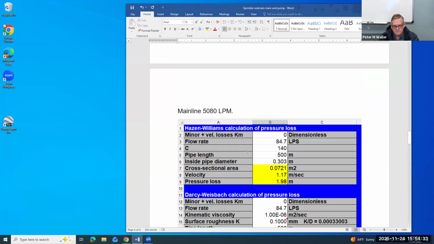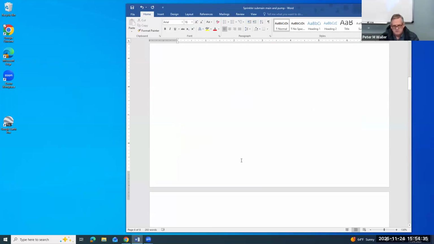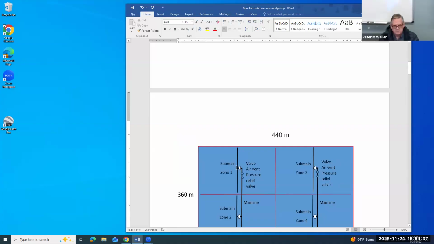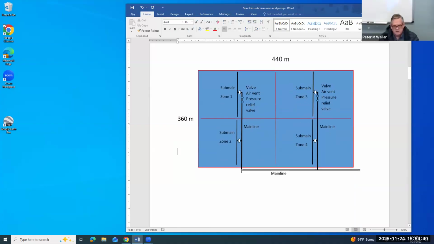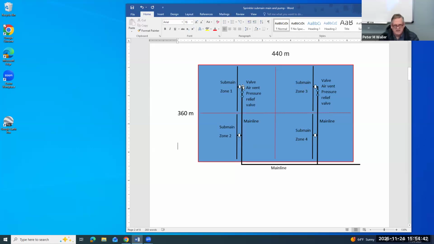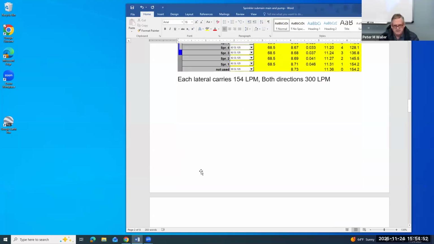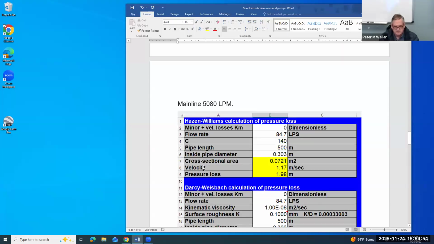I'm just guessing. So I have 2 meters of loss here in this valve. The 90 here is not going to be significant considering the main line is 500 meters long. 2 meters loss in the main line. And then I have losses around the pump. And I'm just going to say I have 2 meters of losses around the pump.